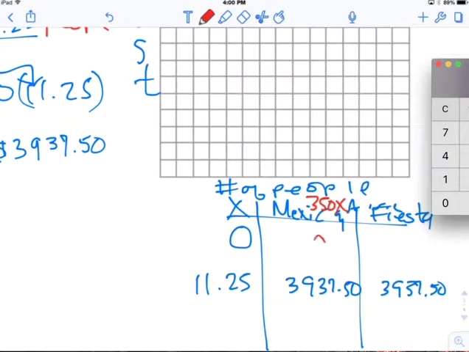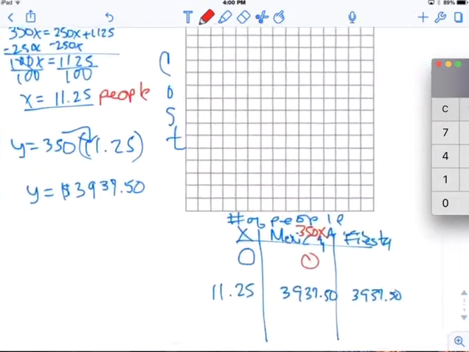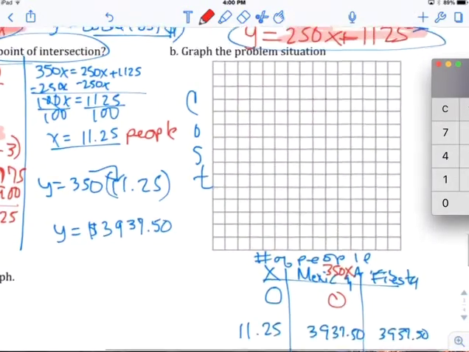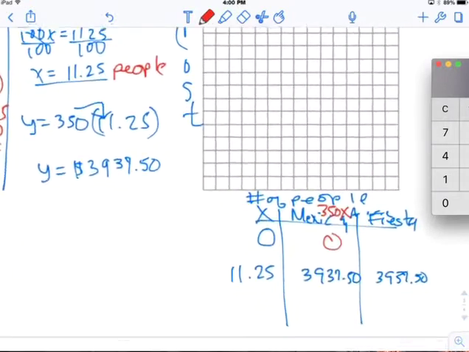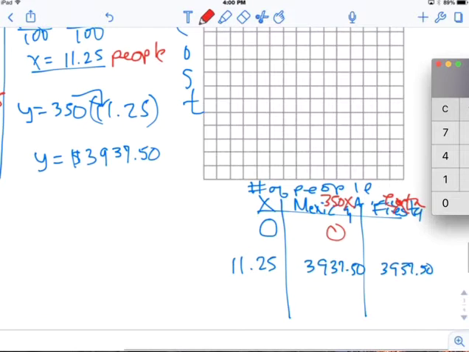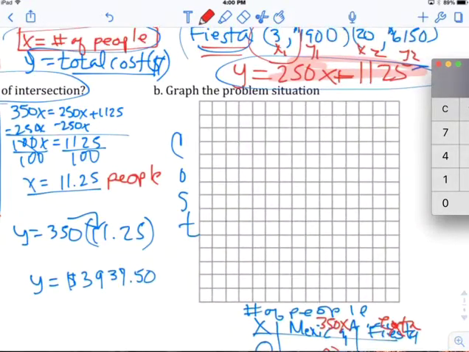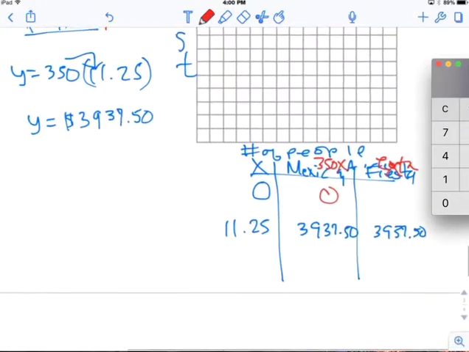So at 0 it's also 0. There's no other fees. Fiesta charges $250 a ticket, but it charged $1,100. They have an initial fee of this much.